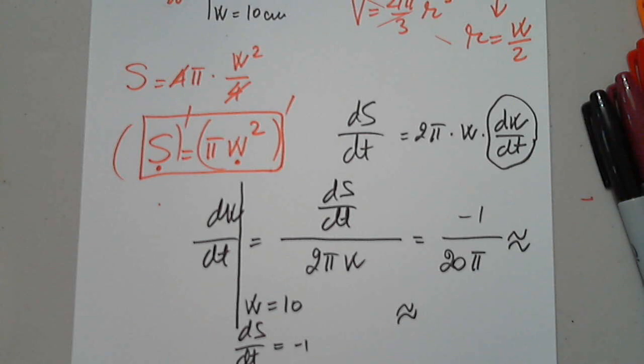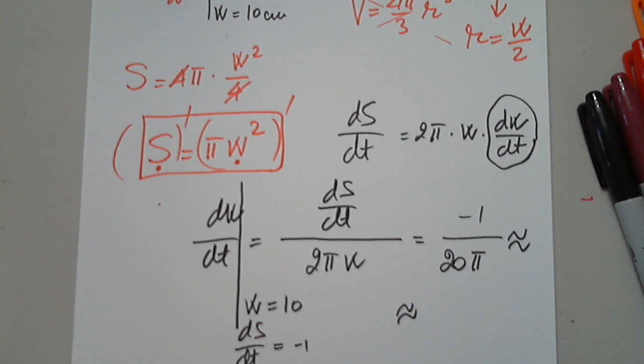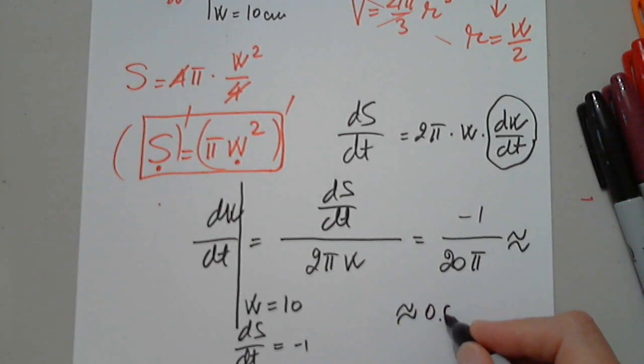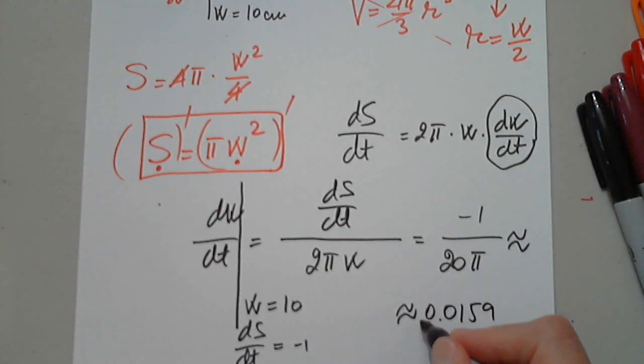But if you write 1 divided by 20 multiplied by pi, that will be a tragedy. Here's why. The calculator will divide 1 by 20, and the answer will be multiplied by pi, which is a totally different story. So the answer is 0.0159, but of course with minus in front. So be very careful, do not do this.